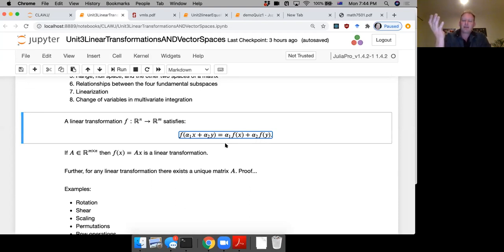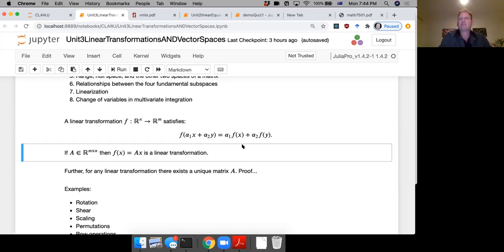This is called linearity. When you add two, it's the sum of the additions, and the other one is homogeneity, but all of this together is called linearity. So that's what you call a linear transformation.